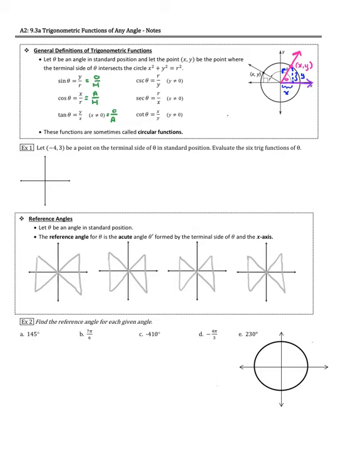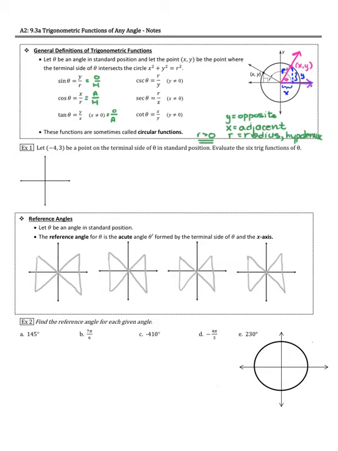This is going to happen throughout: y is always going to be associated with the opposite, and x will be associated with the adjacent. r is going to be the radius, which used to be your hypotenuse, and the radius is always positive. You will never have a negative radius.